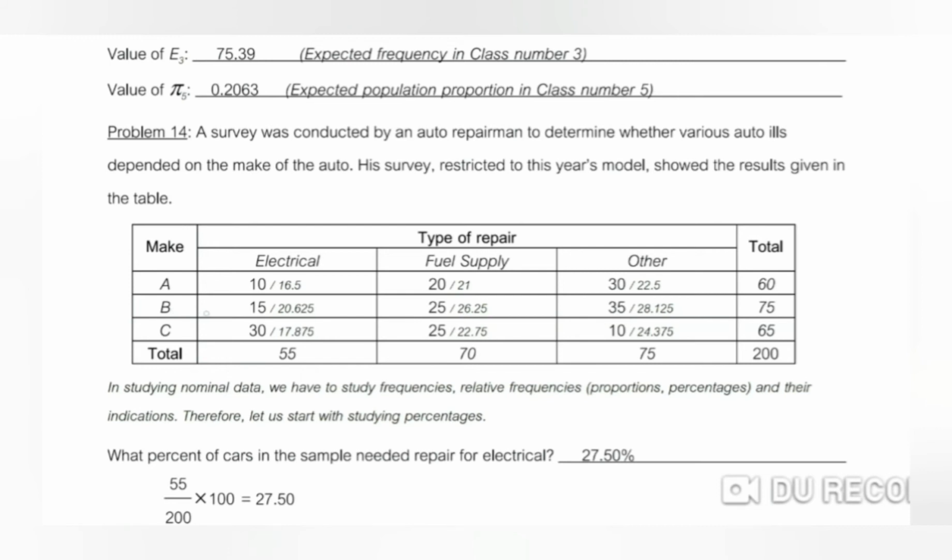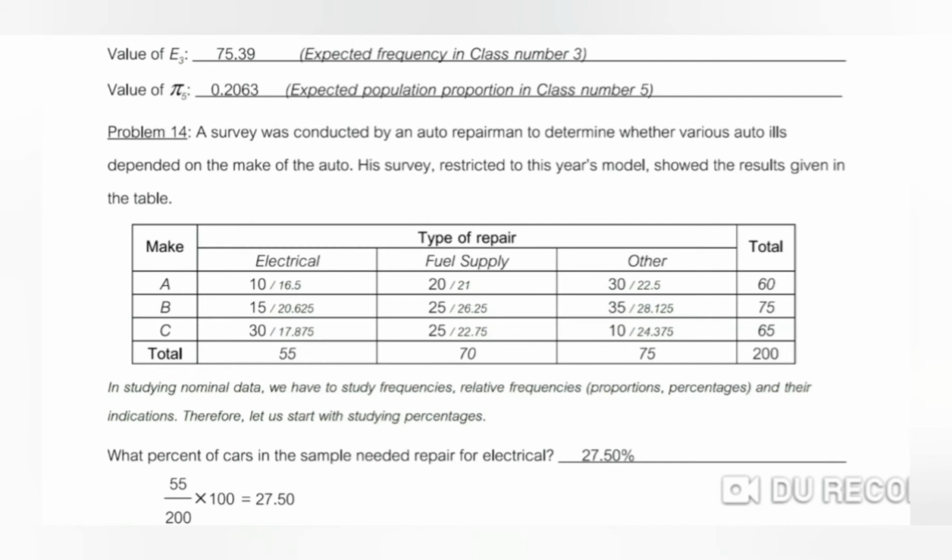Row 2, row B. Row 2, column 1, observed frequency O21 is equal to 15. Row 2, column 2, observed frequency O22 is 25. O23 is 35. O21 plus O22 plus O23 is equal to 75.